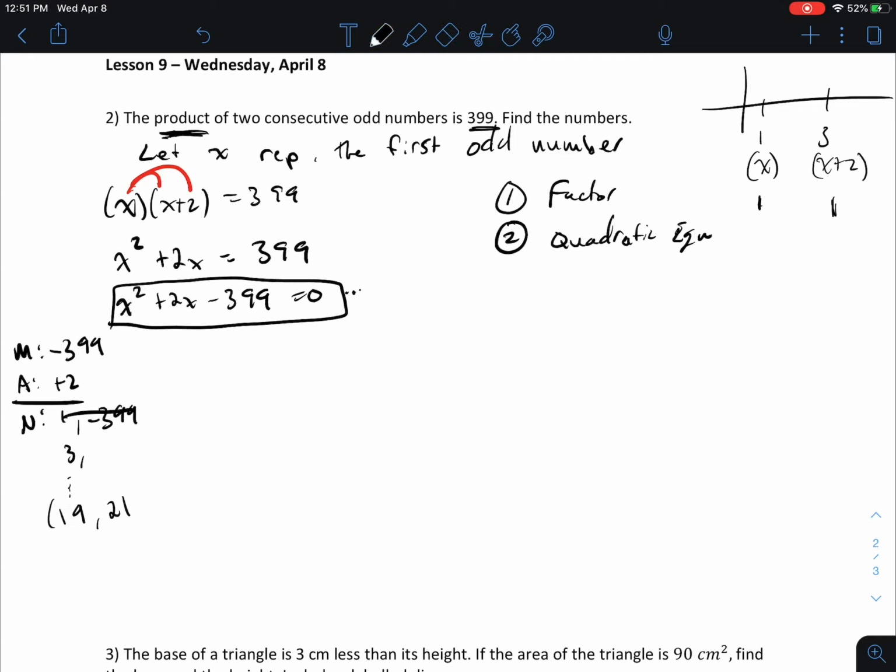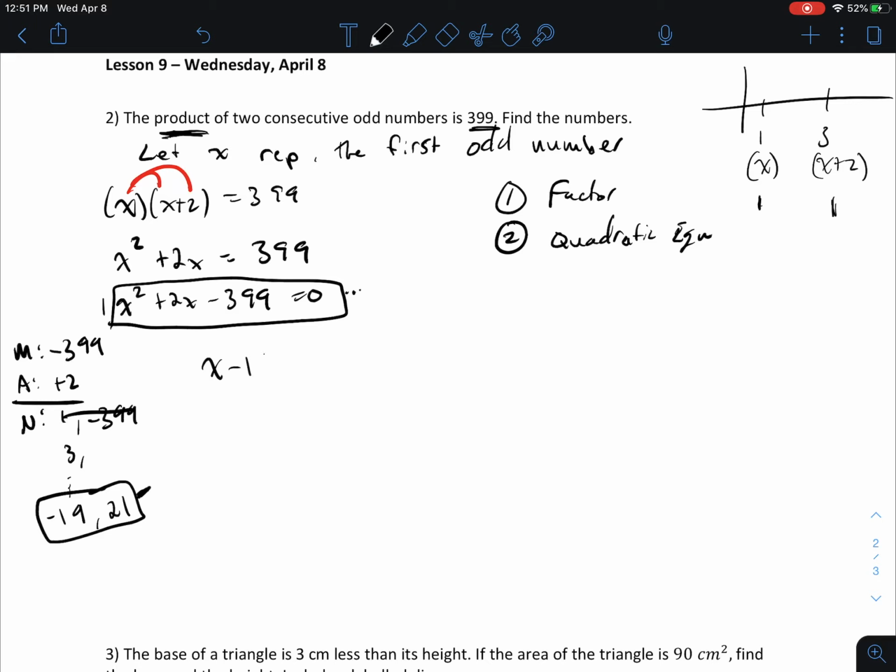Those two numbers actually satisfy these conditions. They multiply to negative 399, but they also add to positive 2. So these are the two numbers I'm going to use. And remember, this is a simple trinomial, so I'm just going to write the variable in front of these two numbers.